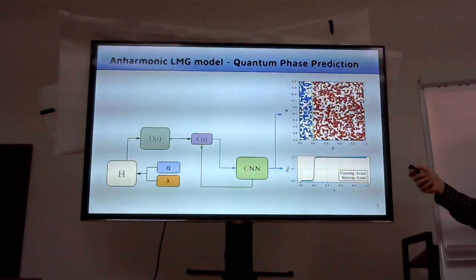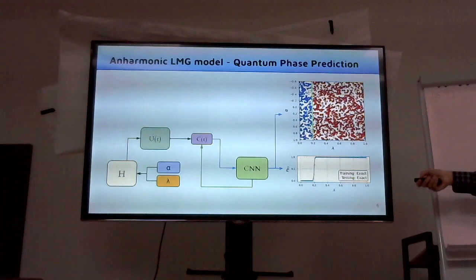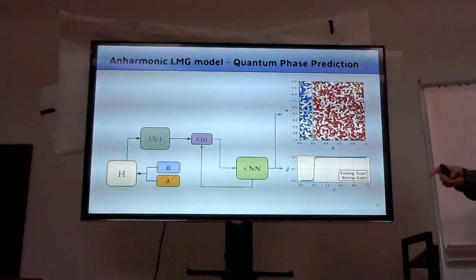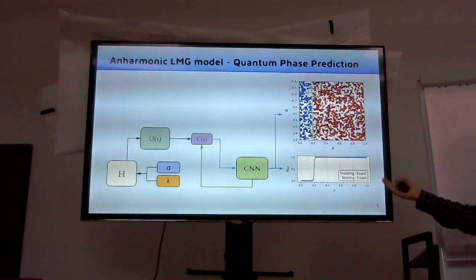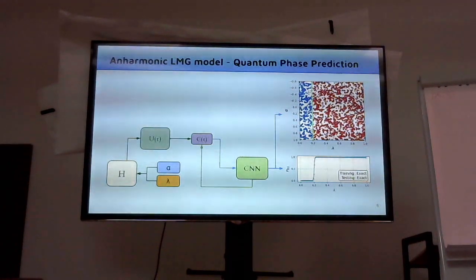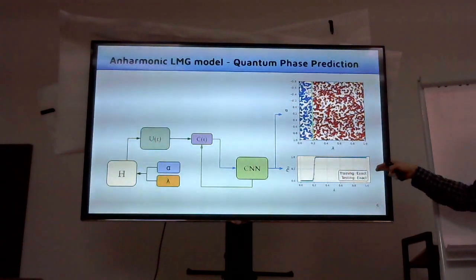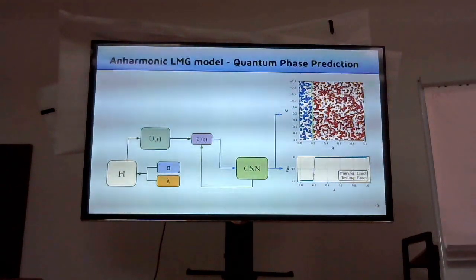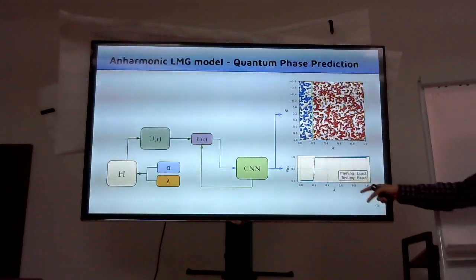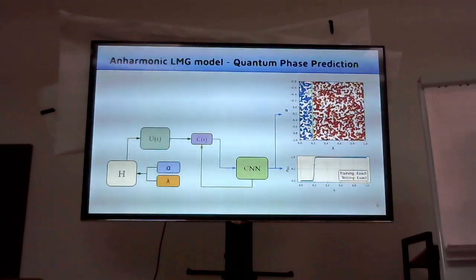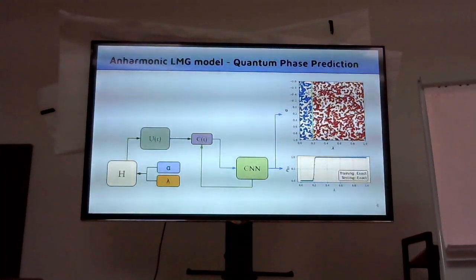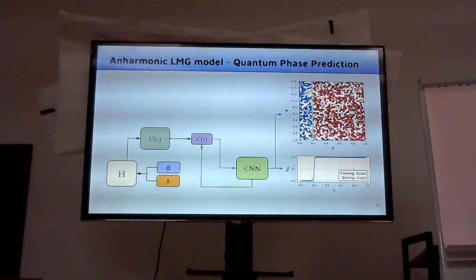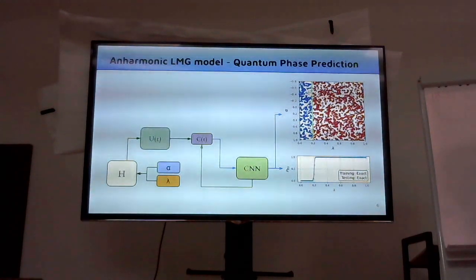So we can see that the convolutional neural network always predicts 0, which is the symmetric phase, for the points that are below lambda, the critical point, and then it predicts 1 for the points on the other side. So it is working really well. We can even see that here there is a little bit of uncertainty, which makes sense because at the critical point, both phases are going to coexist.